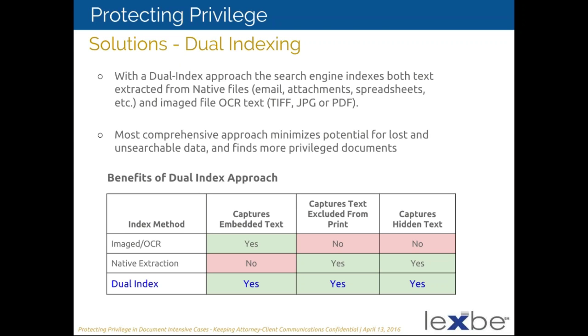There can be many things that can be excluded from print, such as hidden tabs or rows or white text, or just a number of things that wouldn't show up in a print or virtual print of a document, that will be picked up with the native extraction. The native extraction, though, doesn't get anything that would benefit from OCR, optical character recognition.